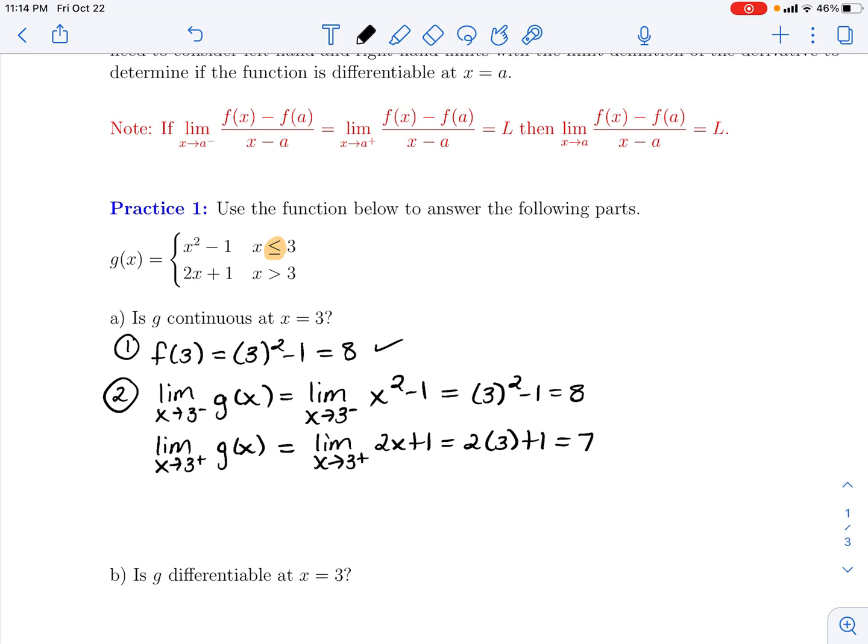So now looking at this, does the limit exist? Hopefully we say no, because the limit from the left does not equal the limit from the right.